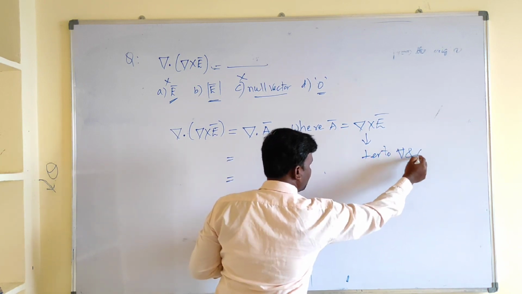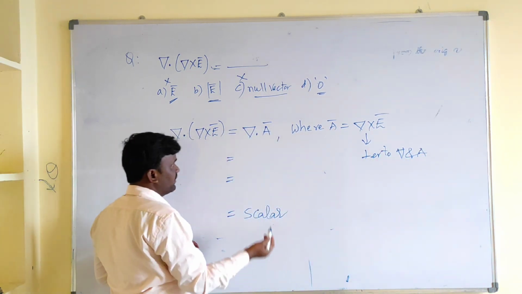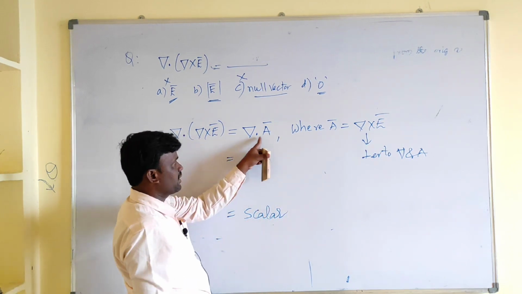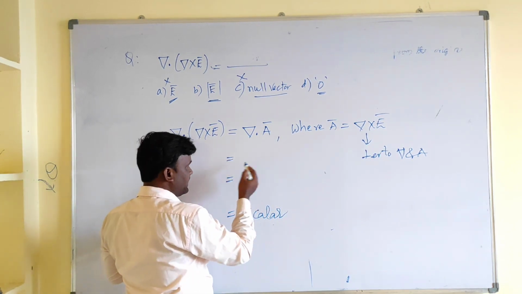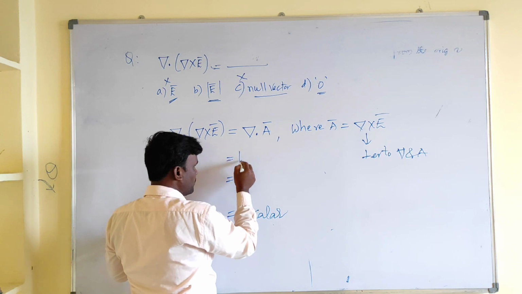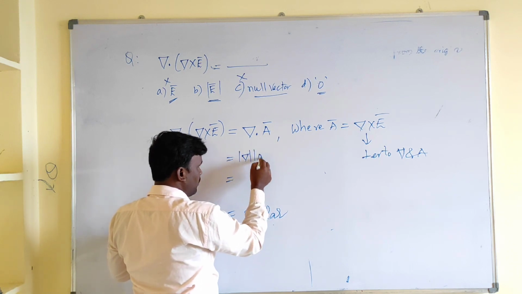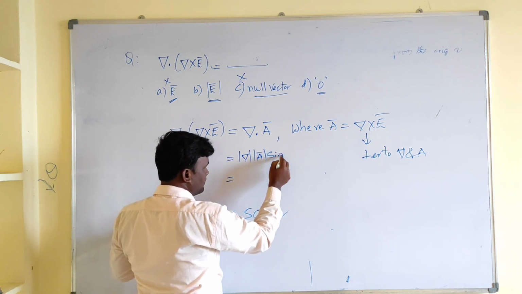Now the angle between del and A is 90 degrees. It is a dot product. What is the dot product formula? That is mod del mod A sin 90.